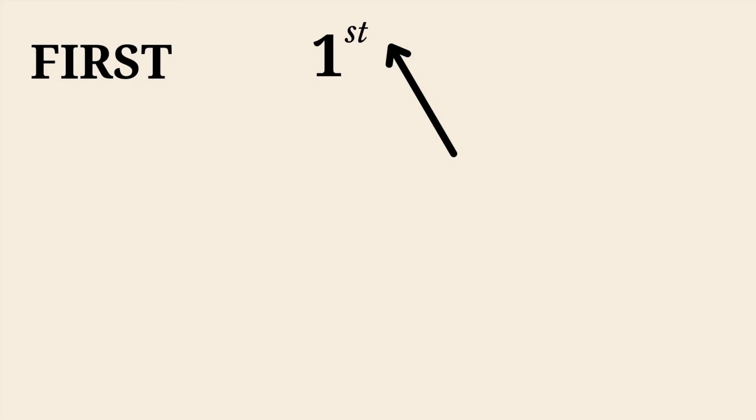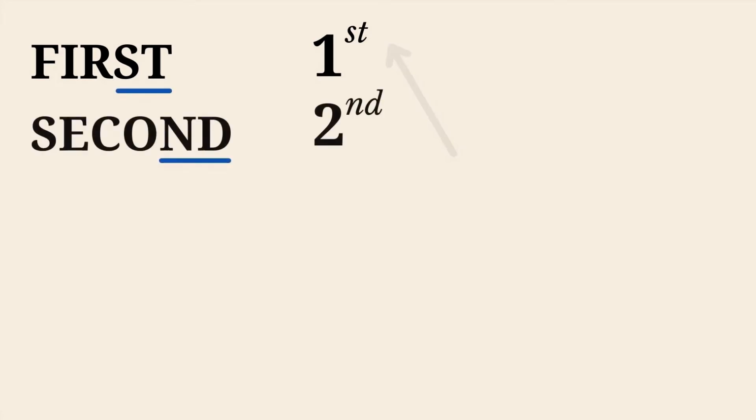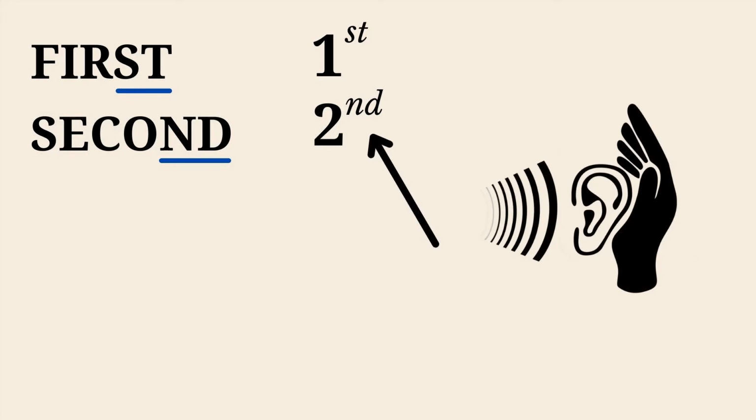This is first, and we write it like this: ST up here. Let's move on to second. We write it like this because the last two letters of second are ND. So we put here ND.